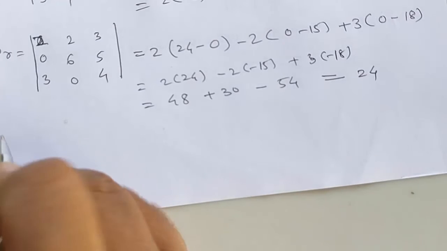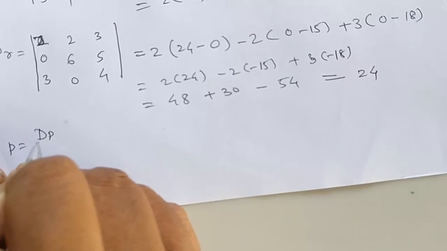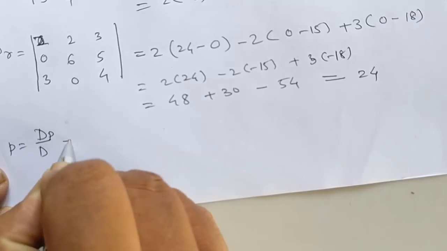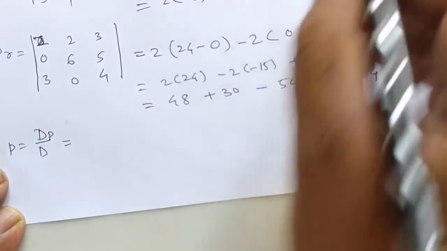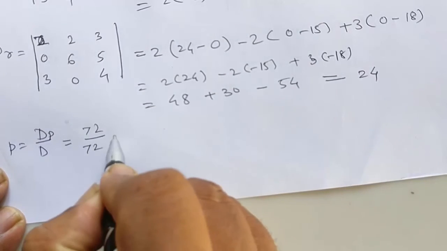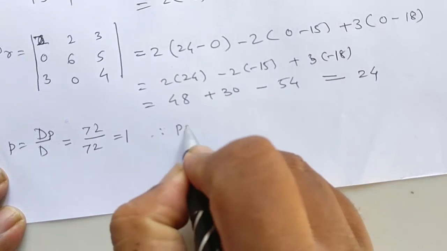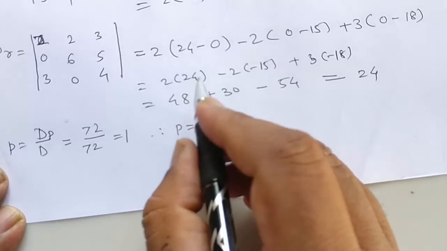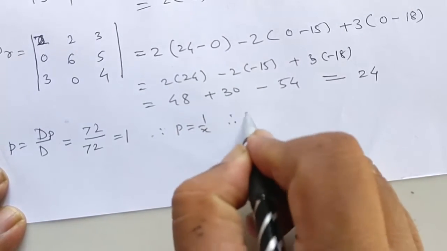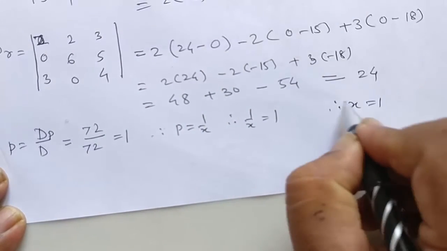Now we find P. P is equal to dP upon D. The value of dP is 72, the value of D is 72, so it is 1. Therefore P is equal to 1 upon x, so 1 upon x is equal to 1, therefore x is equal to 1.